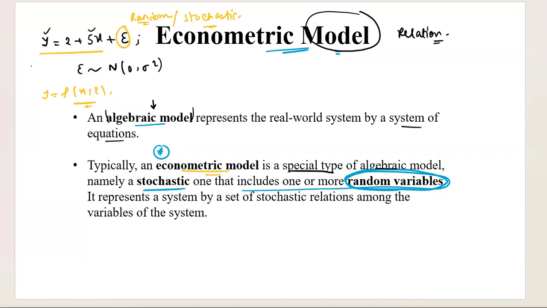Now, from that algebraic model, if you want to include some random terms, it is because in the real world nothing is certain, right? Uncertainty is ingrained in every real-life scenario. In any problem you take up, there is some amount of randomness; nothing can be said with certainty. And whenever there is uncertainty, to make the model more realistic, you have to include this random term. I'll come to why we include the random term later in this slide.